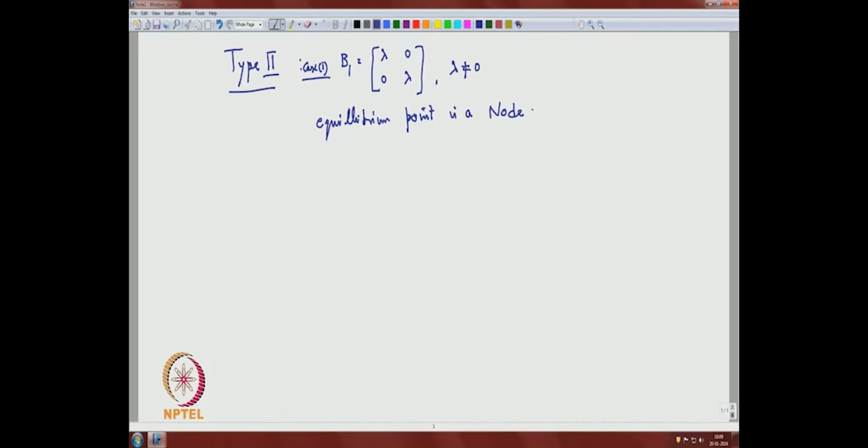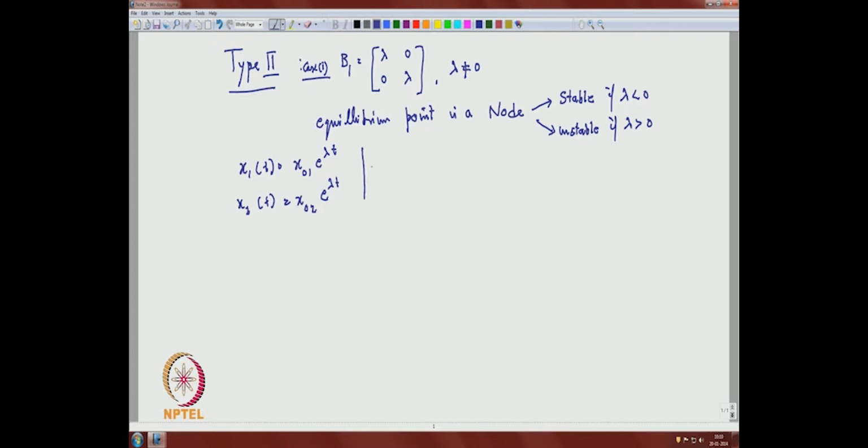It is stable if lambda is negative, and unstable if lambda is positive. The solution can easily be written as x1(t) equal to x01 e to the power lambda t, and x2(t) equal to x02 e to the power lambda t, with the same lambda.